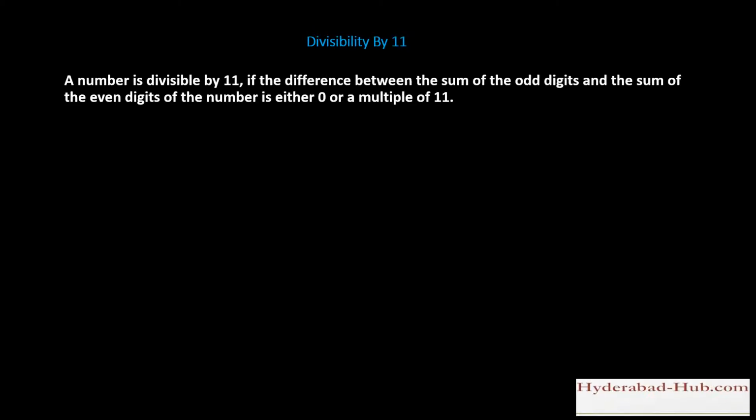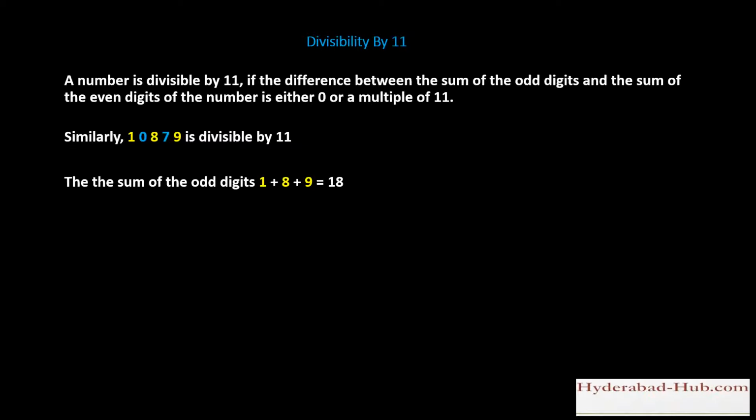A number is divisible by 11 if the difference between the sum of the odd digits and the sum of the even digits of the number is either 0 or multiples of 11. Let us look at another number. 10,879 is divisible by 11. The sum of the odd digits is 1 plus 8 plus 9, that is 18.